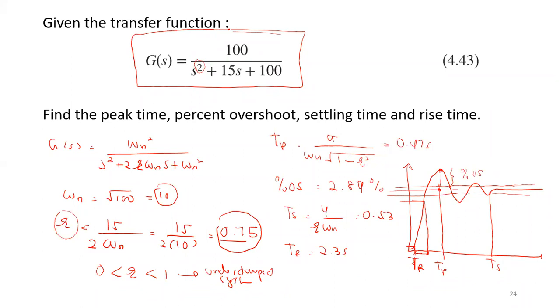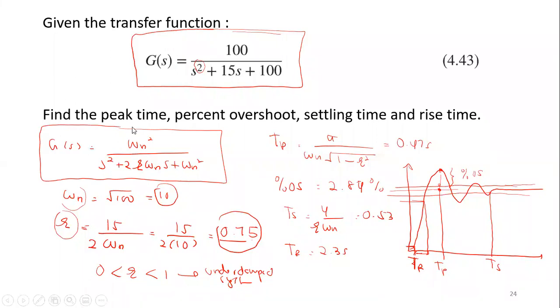If we don't know the transfer function, but it gives you an output response like this, you can just find the TP, the time it reached the peak, the time it settles to the desired value, and also the rise time, and you are able to find the damping ratio. You can estimate the transfer function.